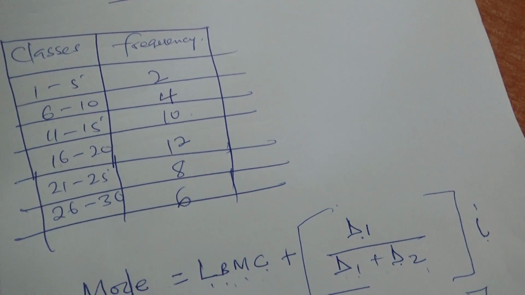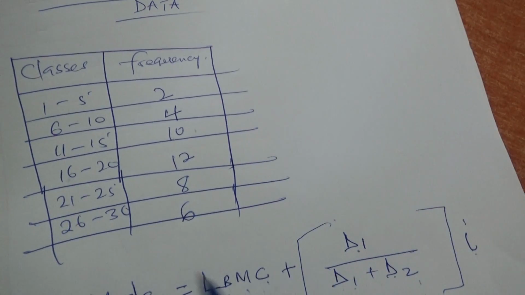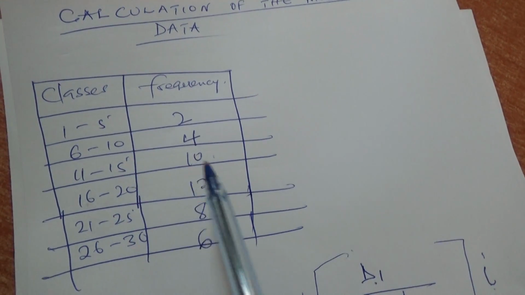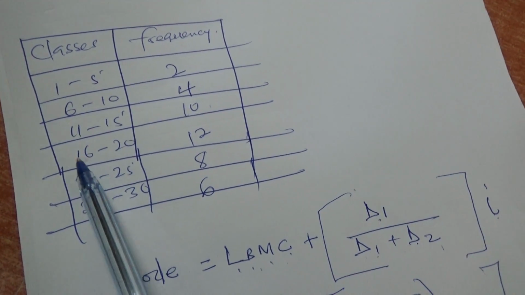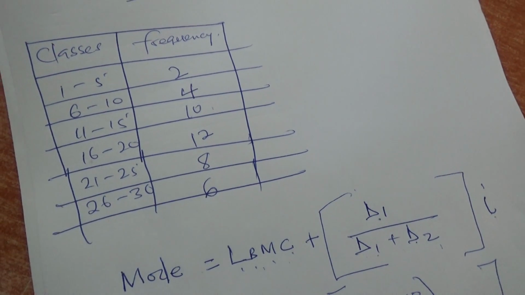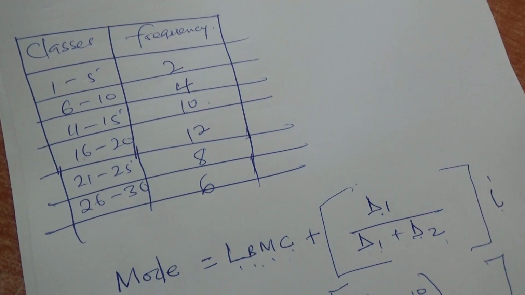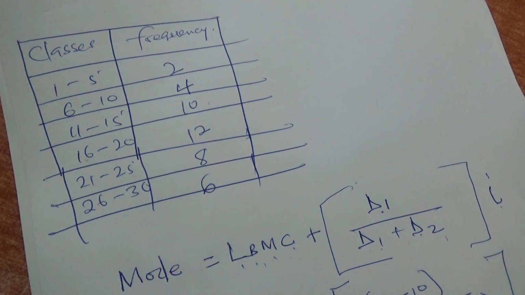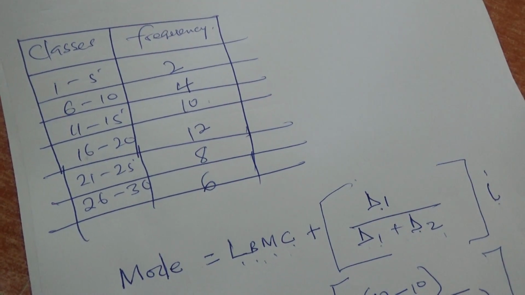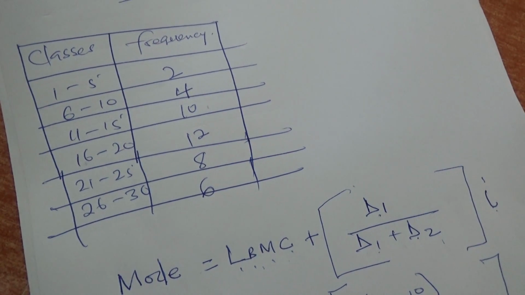So it's going to be 20.5 minus the lower boundary, which is 16 minus 0.5, which is 15.5, and therefore the class interval is going to be 5.